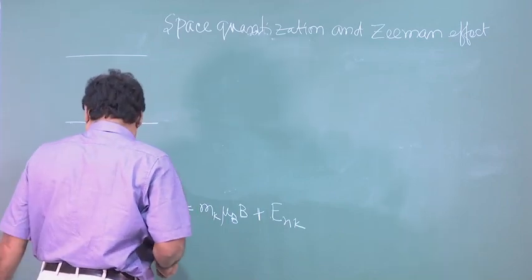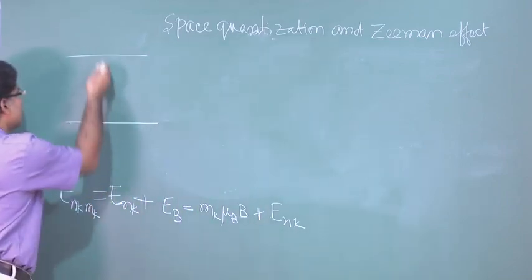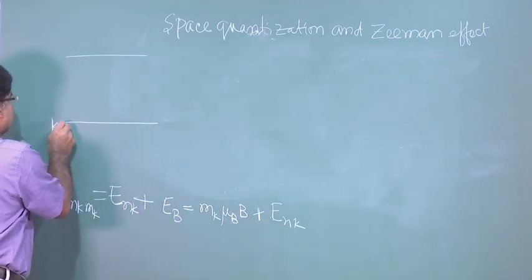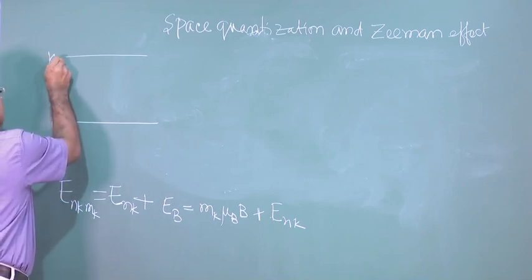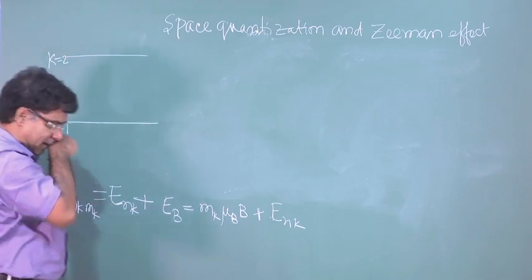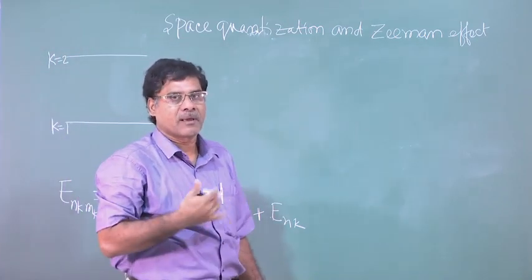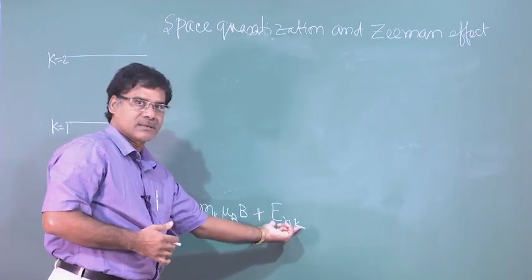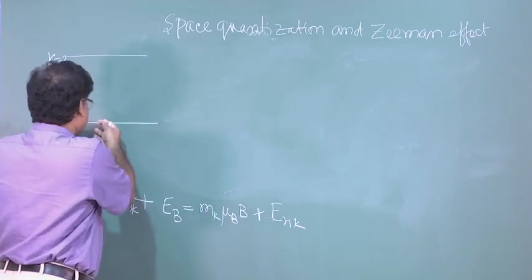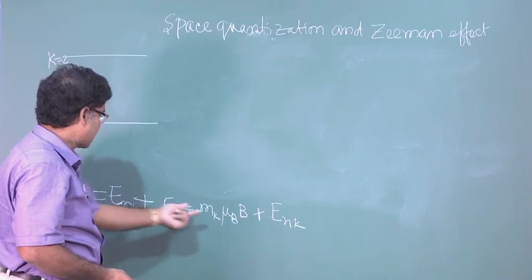If I take two of them, say k equal to 1 and k equal to 2, before applying the magnetic field that was the energy. Now the energy depends on m k.